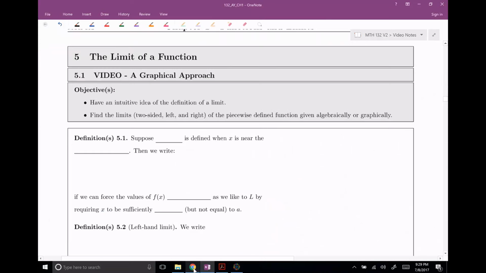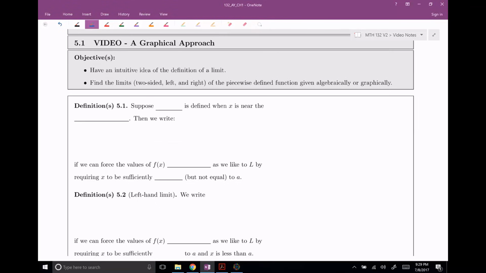So, limits. Let me give you the more formal definition here, and then we can start sketching and whatnot. Suppose we have a nice function f of x, and it's defined near the number a. Then we can write the following.